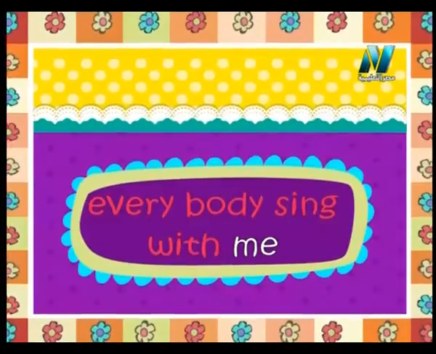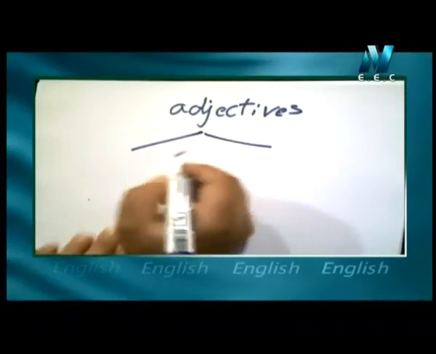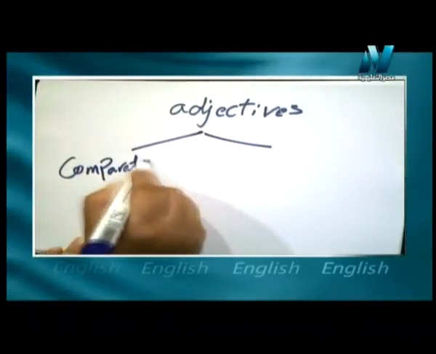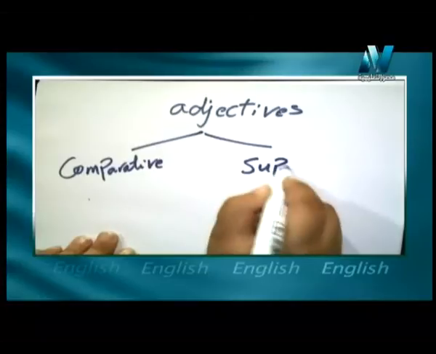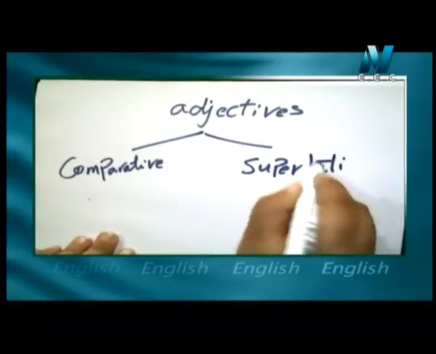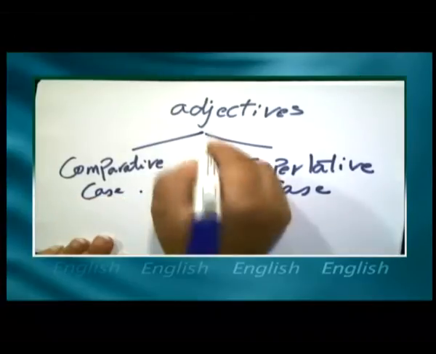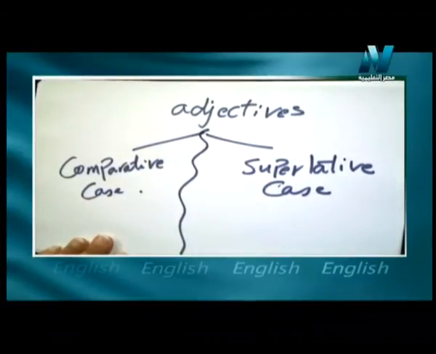Everybody sing with me. The adjectives can be in two cases. It can be comparative case or superlative case. I have two cases for the adjective. Either it is comparative or superlative. What's a comparative and what's a superlative case?